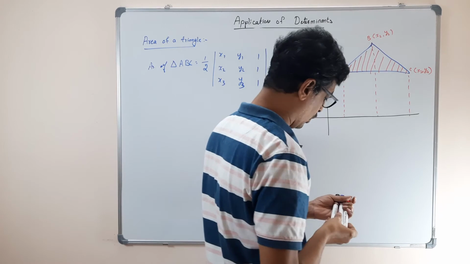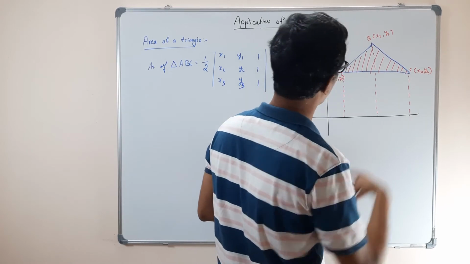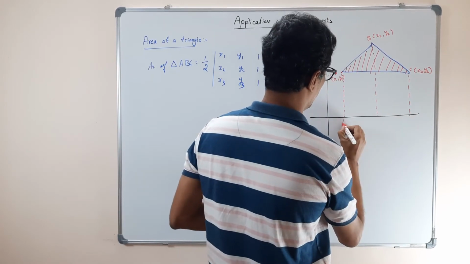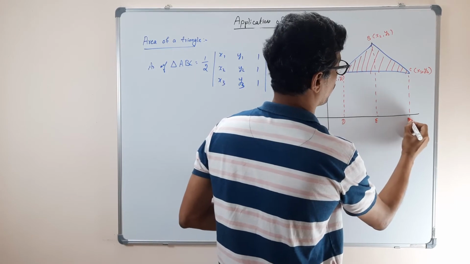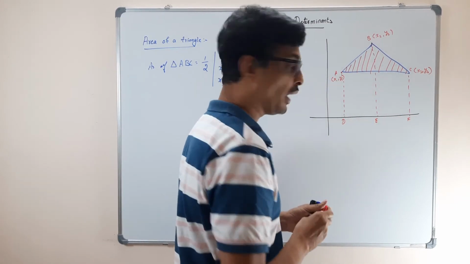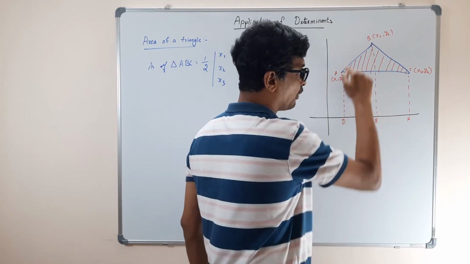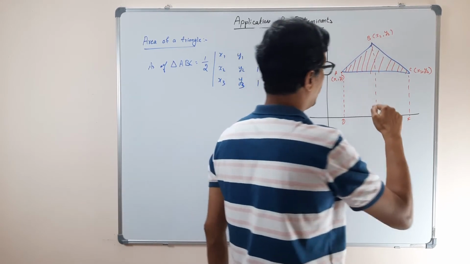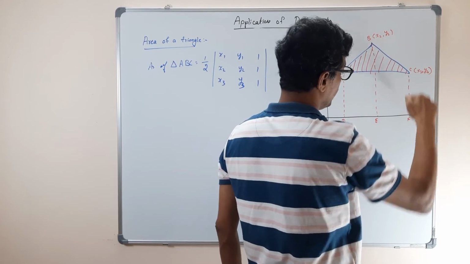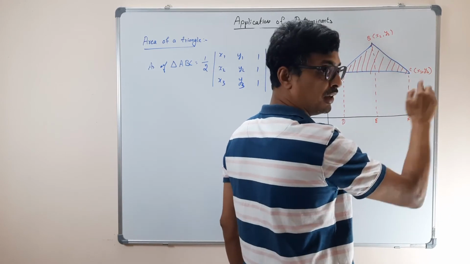Let me call these points A, B, C, D, E, F. So what is ABED? That's a trapezium. And BCFE, that's also a trapezium.